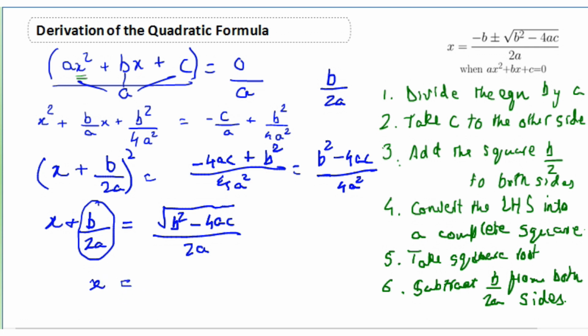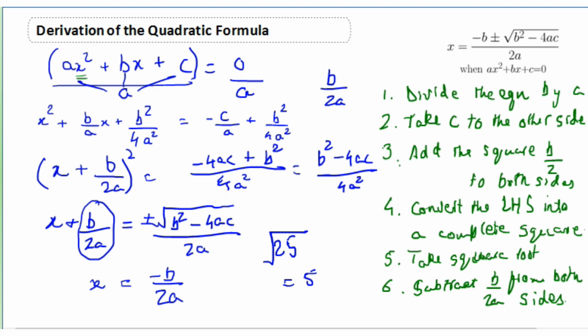On the right hand side, when we subtract that, it becomes minus b over 2a, and b square minus 4ac, if we take the square root of that, we can get either a positive value or a negative value. That is because if we take the square root of 25, it can either be 5, because 5 square is 25, but also negative 5 square is 25.